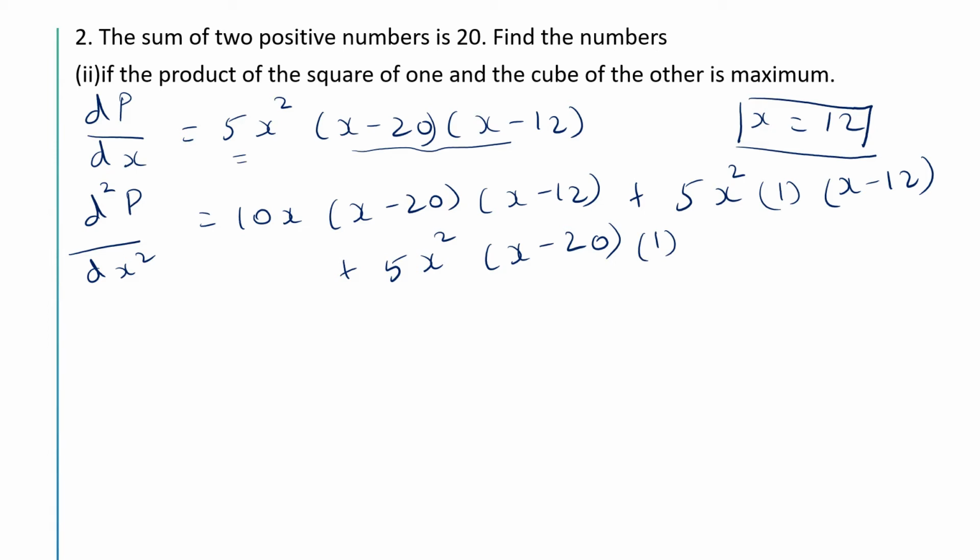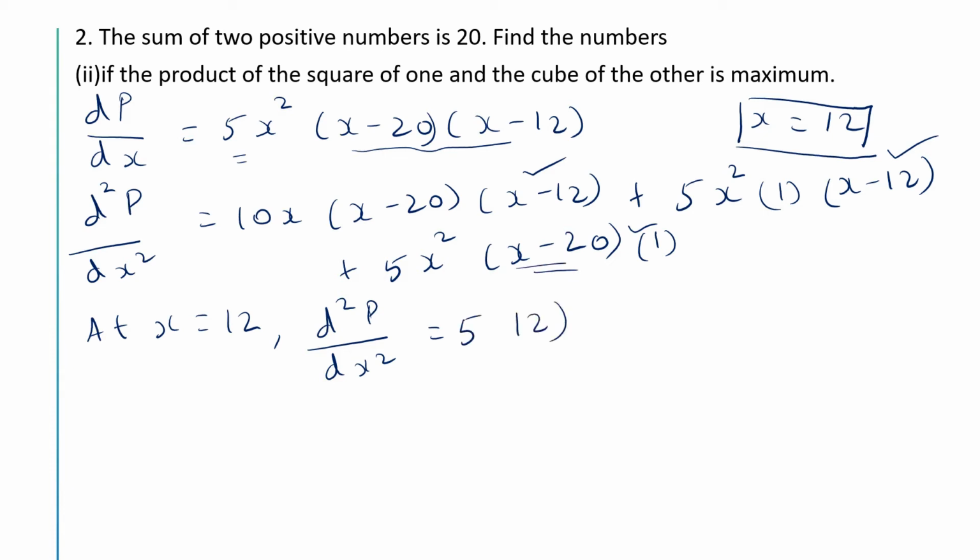So we got the critical point as x is equal to 12. At x is equal to 12, d square P by dx square equal to, here 12 minus 12 is 0, it will go. Here also 12 minus 12 is 0, this term will also go. So we are left with 5x square into x minus 20 alone. So 5 into 12 square into 12 minus 20. Here 12 minus 20 is minus 8. So it is less than 0.